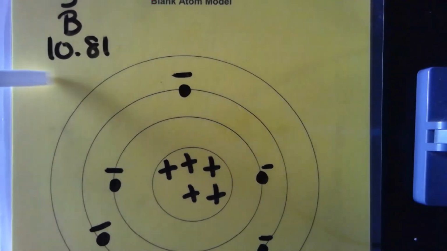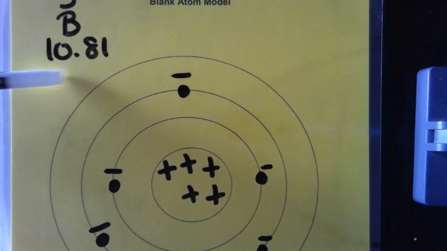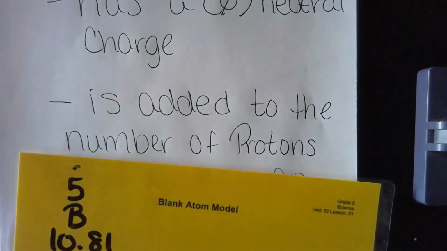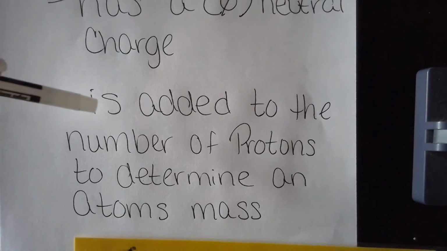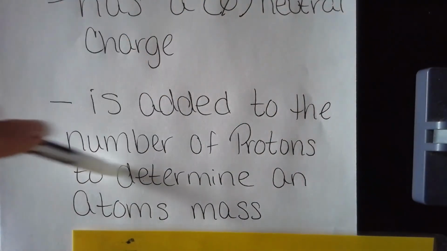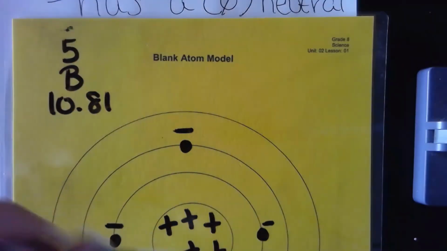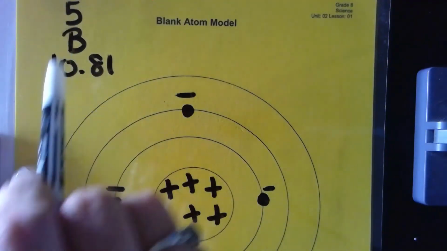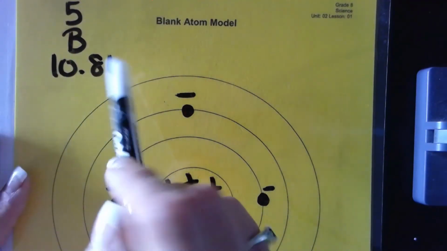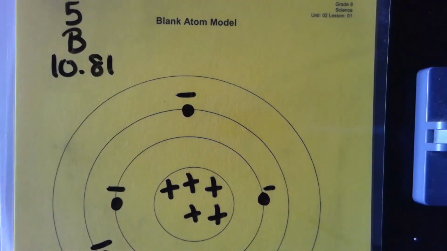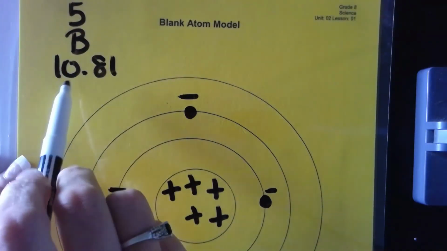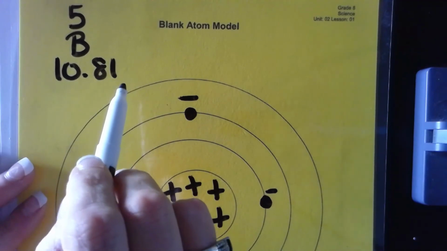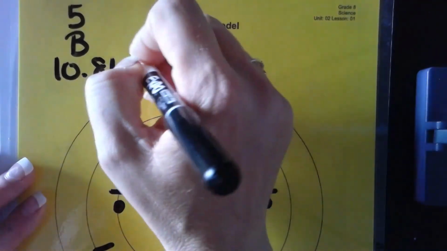But this number down here, this 10.81, this is your atomic mass. So when I say neutrons are added to the number of protons to determine atom's mass, that means however many neutrons are in here, that number plus that 5 equals 10.81. But we're going to round to the nearest whole number. So what is 10.81 rounded to the nearest whole number? 11, right?